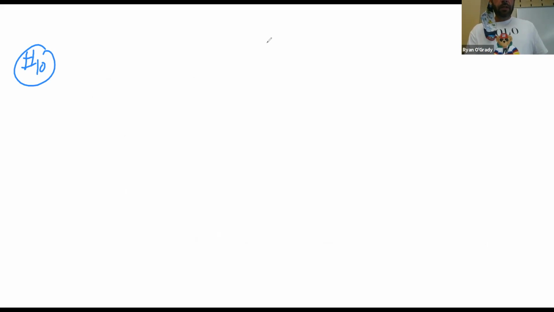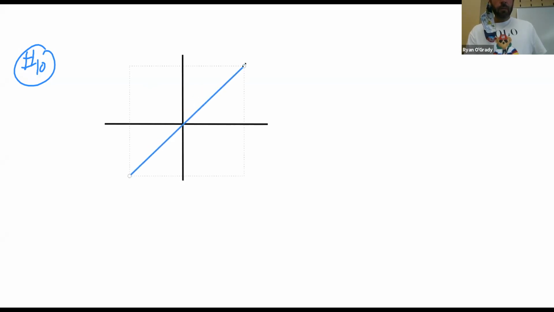I'm going to sketch this region, and here's my x-axis, here's my y-axis. Here's y equals x. So this is the line y equals x.